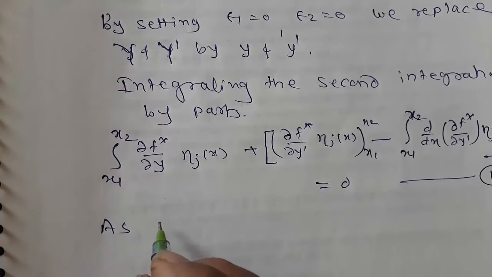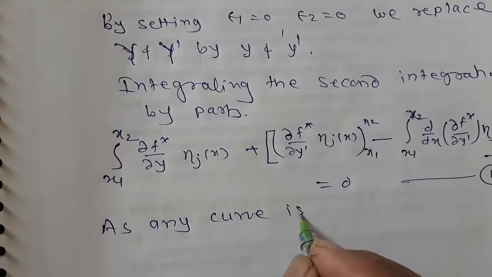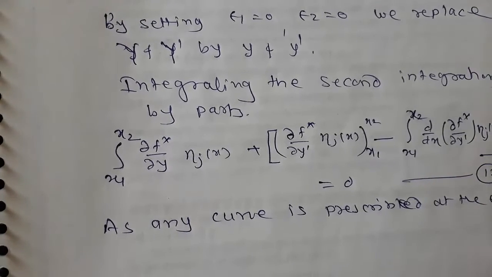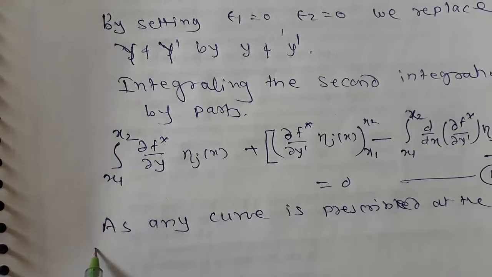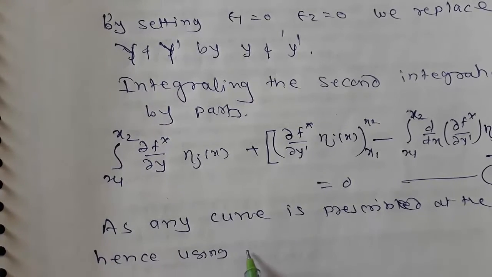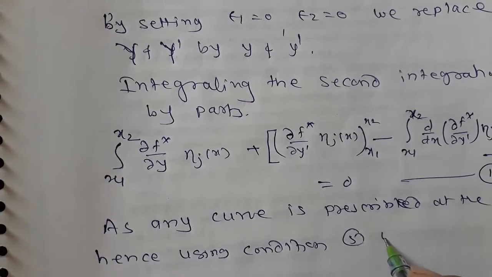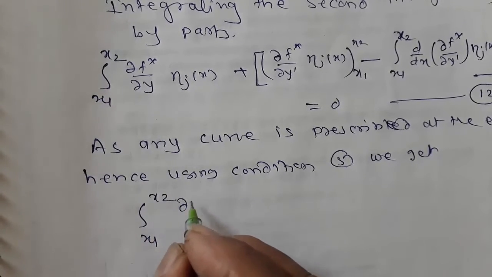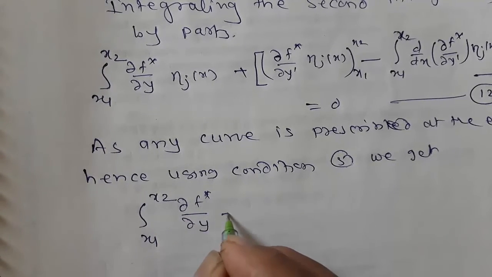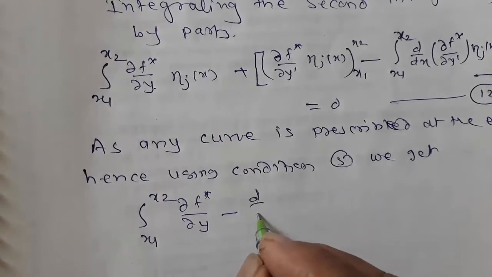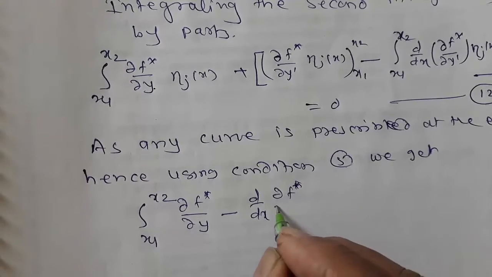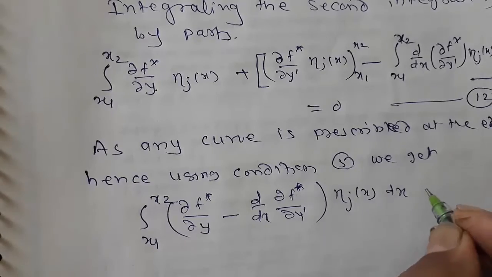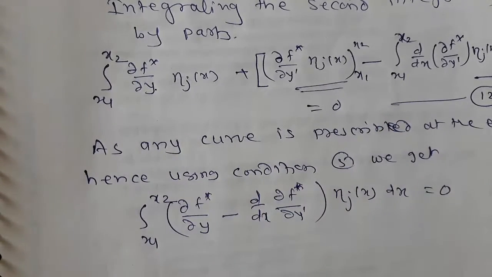As any curve is prescribed at the ends, hence using condition 5, we get integral from x1 to x2 of dou f star by dou y minus d by dx of dou f star by dou y dash into eta j x dx equal to 0, for j equal to 1 and 2.